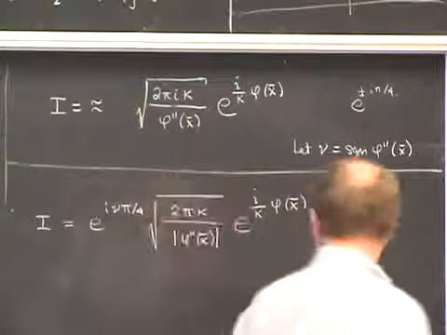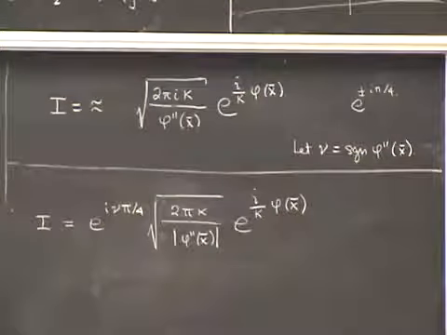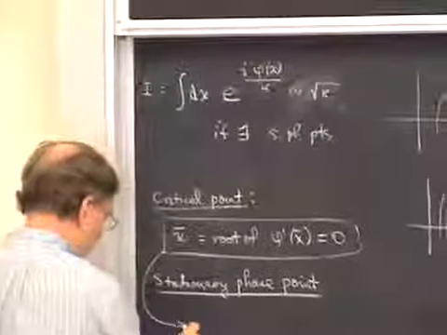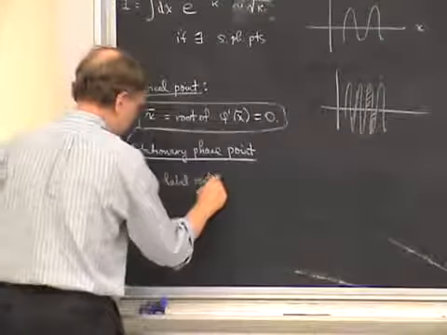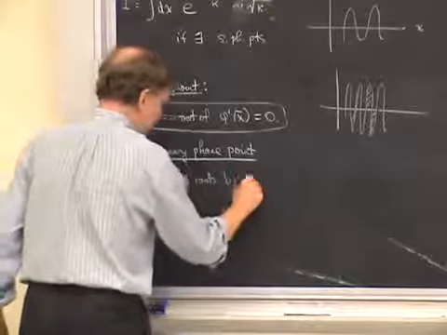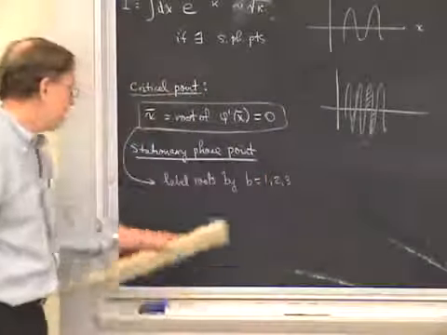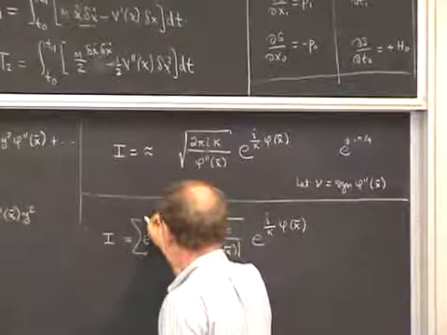And now there's finally one more cosmetic change, not so cosmetic, I need to make to this, which again, as was pointed out, is that there may be more than one root of this. There may be more than one stationary phase point. Let's label the roots by a branch index. Let's call it d equal to 1, 2, 3, and so on. Typically, there's a discrete set of roots. And if we do this, then the answer has to be summed over the branches, like this.